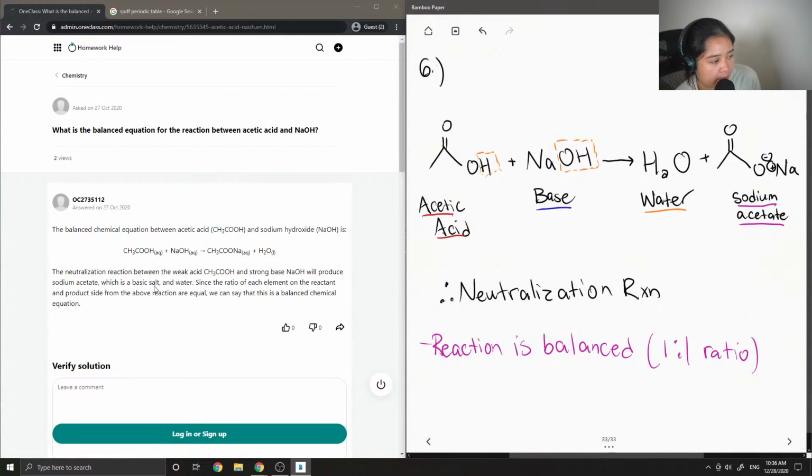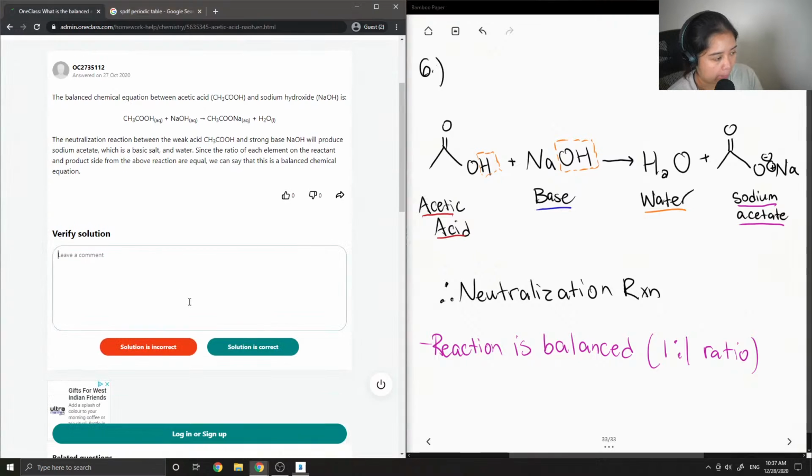Neutralization reaction between the weak acid and strong base will produce sodium acetate, which is a basic salt, and water. Since the ratio of each element on the reactant and product side from the above reaction are equal, we can say that this is a balanced chemical equation. Okay, so this solution is correct.